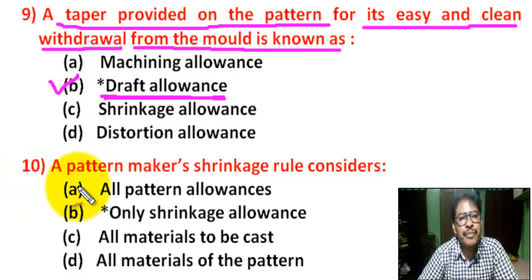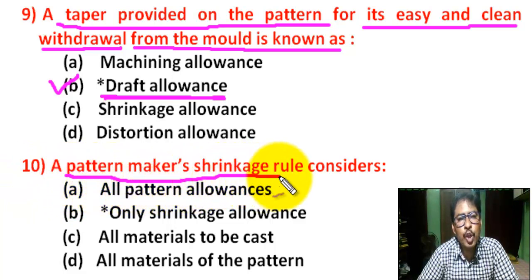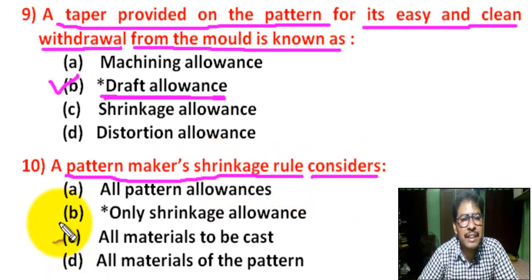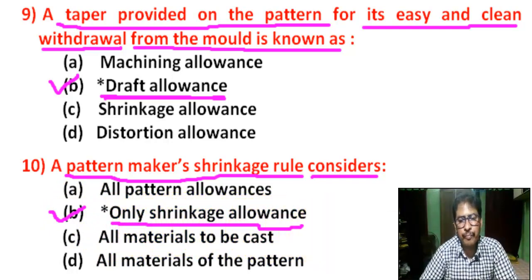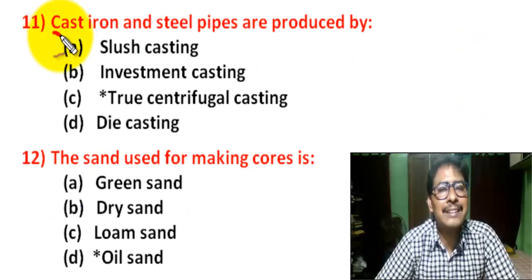Question number 10. A pattern maker's shrinkage rule, that means shrinkage scale, considers, there are 4 options. Correct answer is B, only shrinkage allowance.